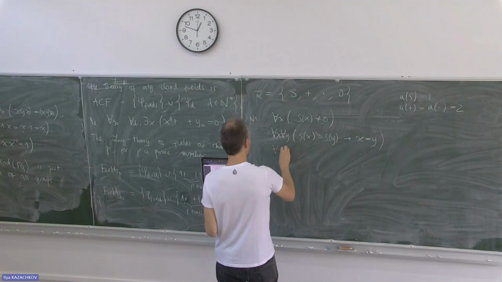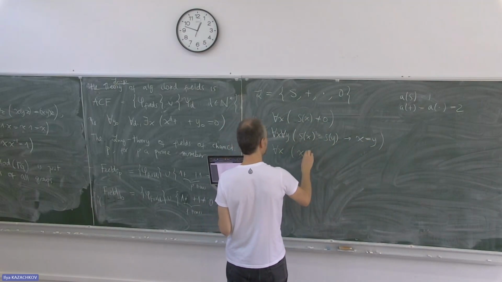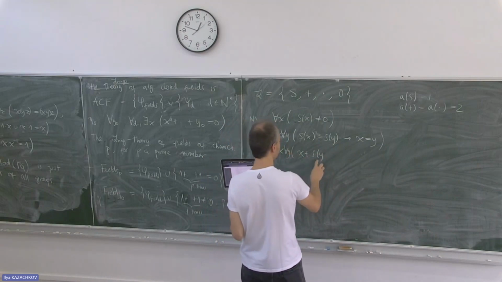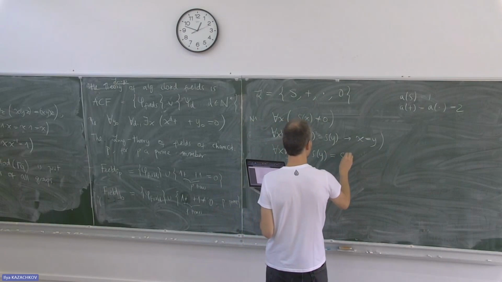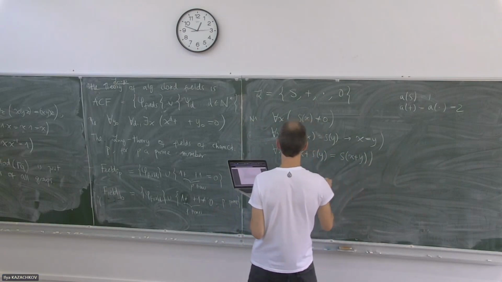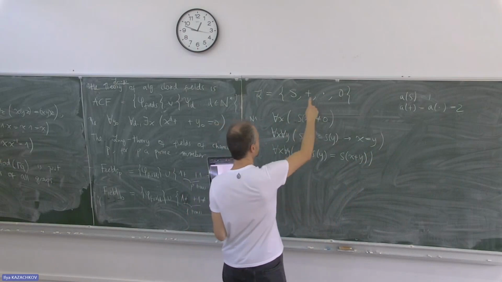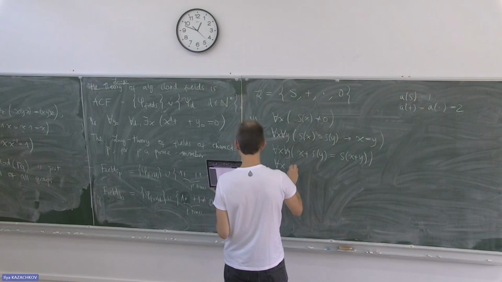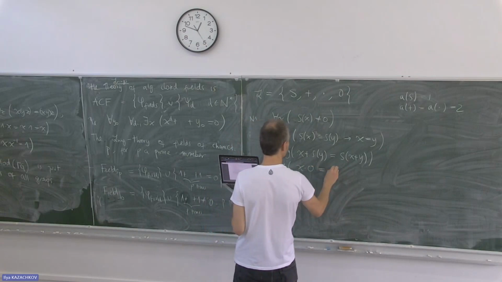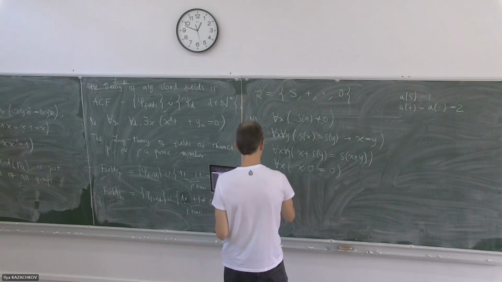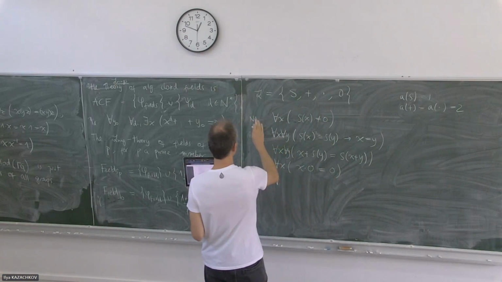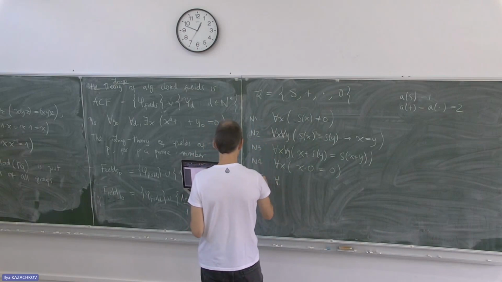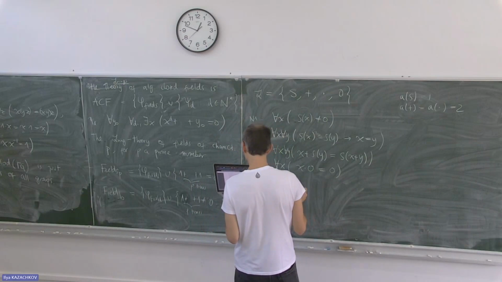We say that for every x, for every y, x plus the successor of y is the same as the successor of x plus y. This is basically saying how the successor and these two functions work. Also, for every x, we have that x times 0 is 0. And finally, this is axioms 2, 3, 4, and 5. Oh, I missed one.